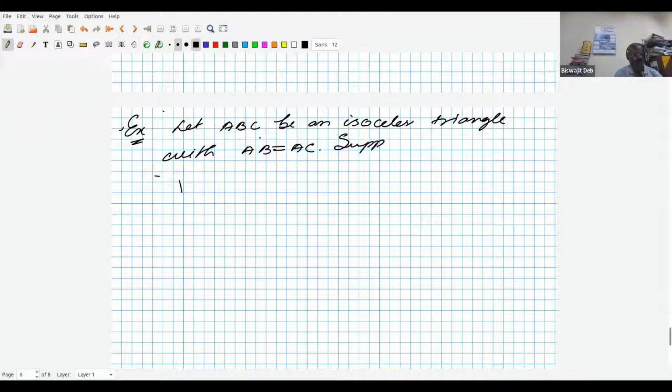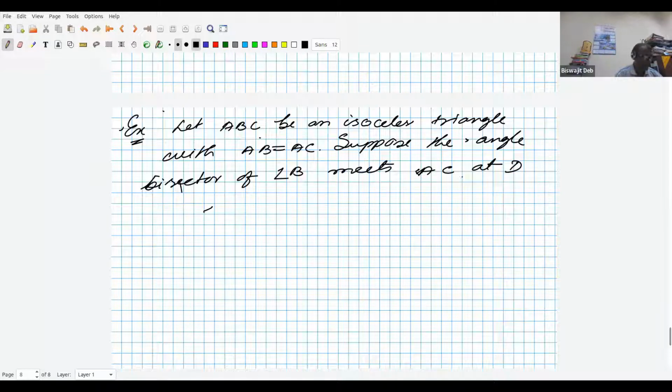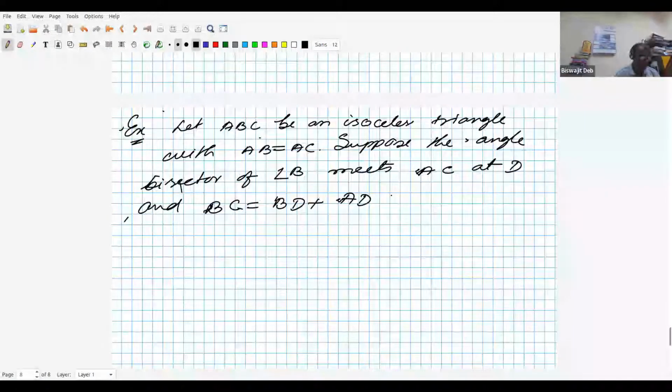Suppose the angle bisector of angle B meets AC at D, and that BC is equal to BD plus AD. The question is, find what is angle A.